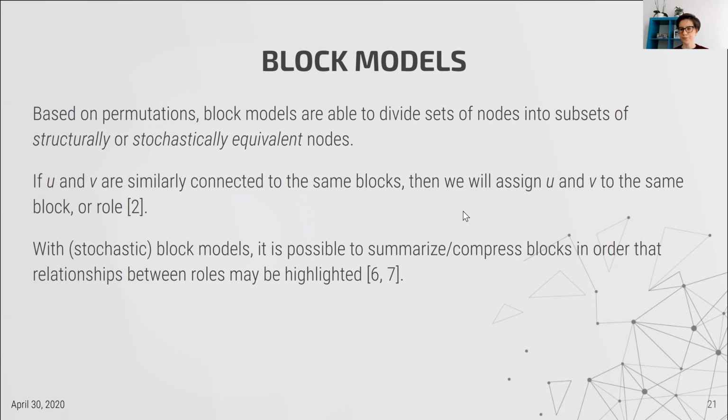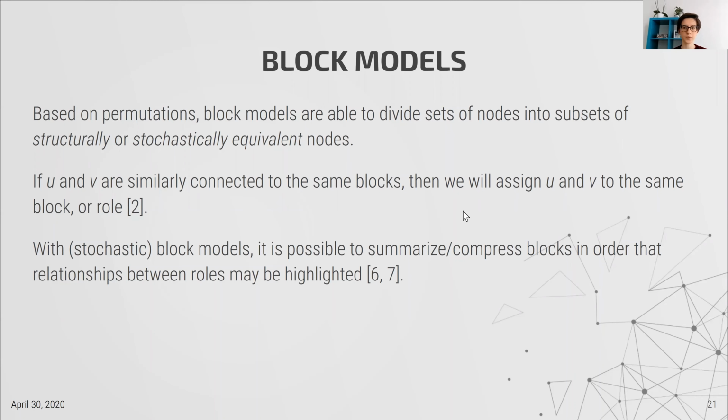But formally, the objective of block models is to manipulate the adjacency matrix that represents the connections between the nodes in a graph in such a way that all the nodes inside the same block or role are equivalent.